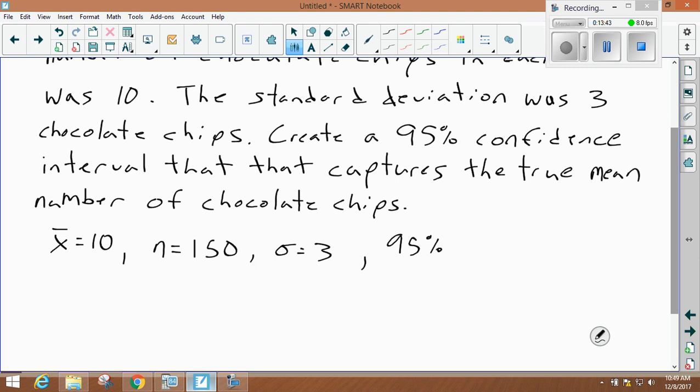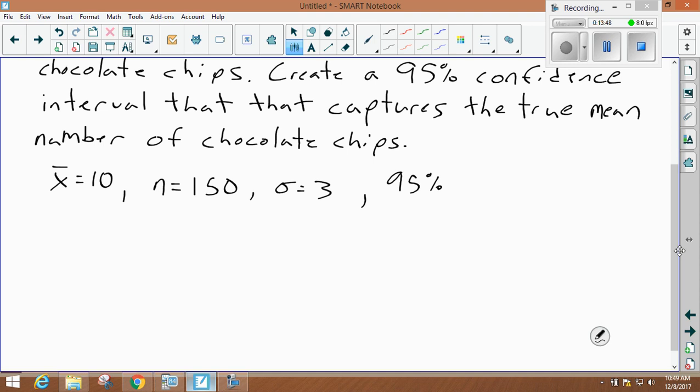If I wanted to make the formula, which honestly, just taking these numbers and putting them in a calculator is not great. You should actually understand what your calculator is doing. So what your calculator is going to do is calculate this. We said that our formula is X bar plus or minus Z star times sigma, our standard deviation, divided by the square root of our sample size.